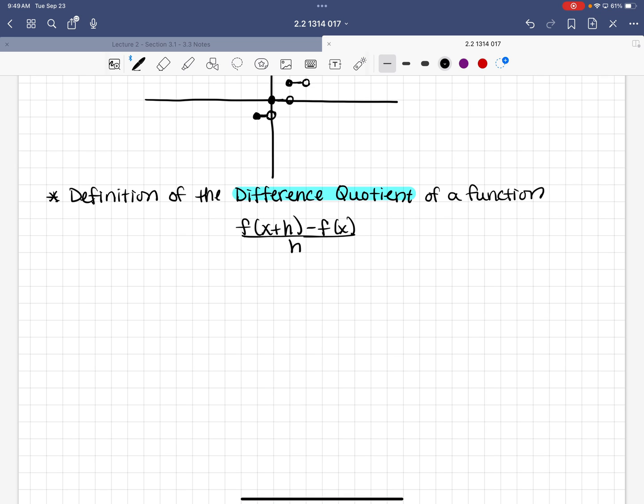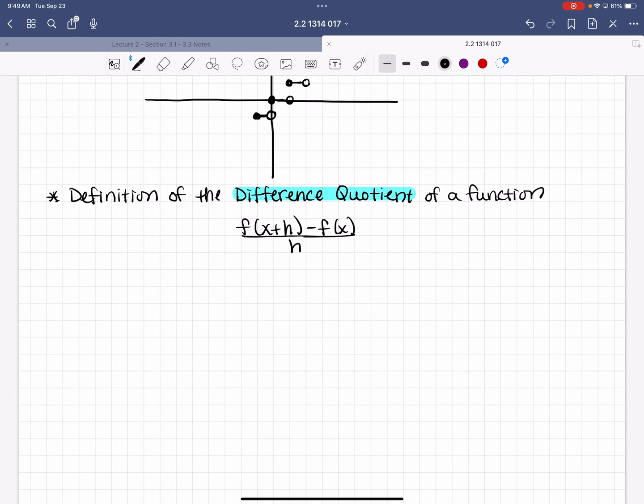Some of you have heard of the difference quotient before. I will say, Yana's probably seen this before. You've seen this before, right? Yes. And you've seen this before, probably. Yes.